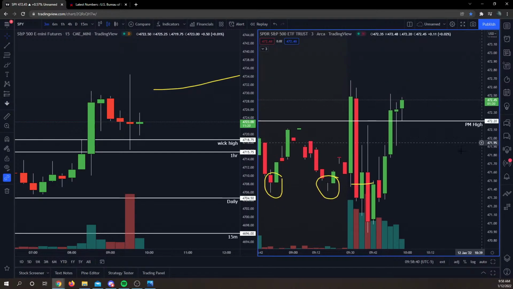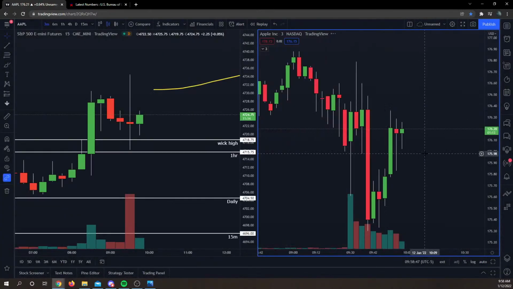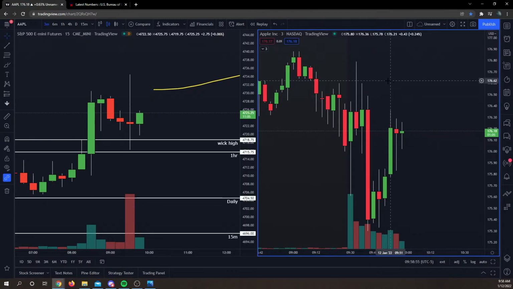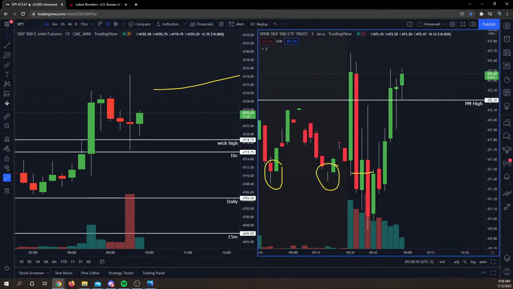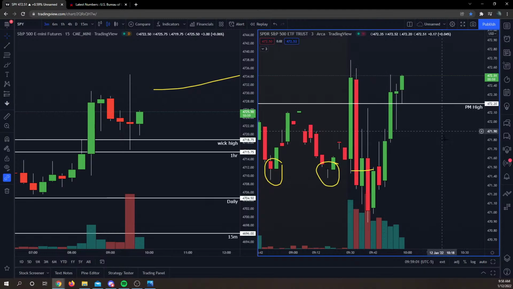SPY trying to get a little bit higher. If Apple were to just magically reverse off of this level and make a higher point, reaching over 176.37, if we can touch 176.37, then we'll see SPY break over its high of day, more than likely.